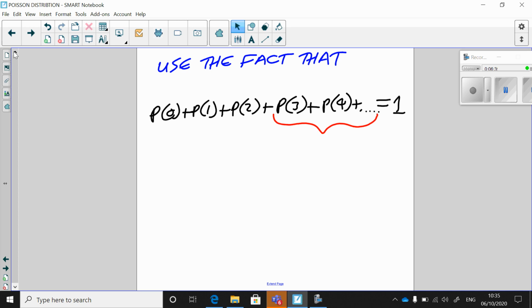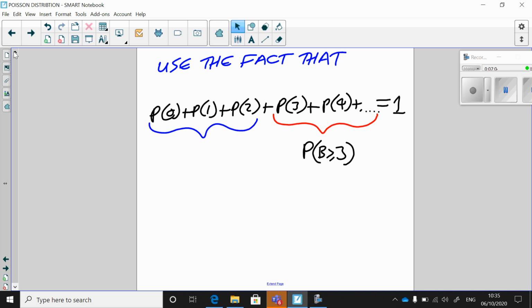So that part there, probability of 3 plus probability of 4 plus dot, dot, dot, that's what we want to calculate. That's what I had on another page. So that's the probability bacteria is more than or equal to 3. See those other 3 probabilities on the left, 0, 1 and 2?